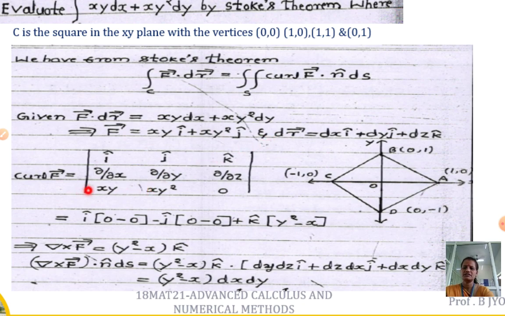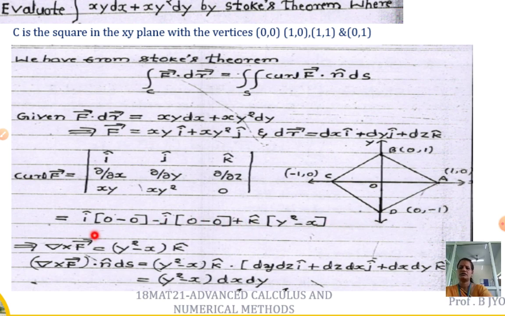And curl F is given by the determinant of i j k, dou by dou x, dou by dou y, dou by dou z, and the components of F are respectively xy, xy square, 0. The diagram for this one: on the x-axis the points of intersection are (1, 0) and (minus 1, 0), and on the y-axis (0, 1) and (0, minus 1).